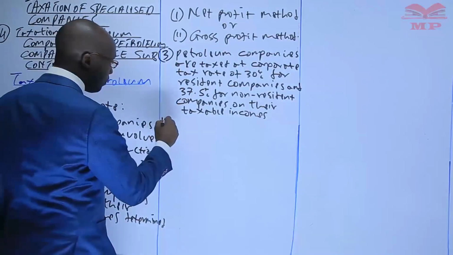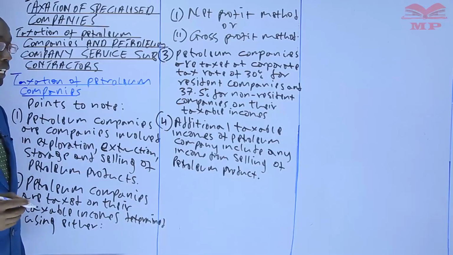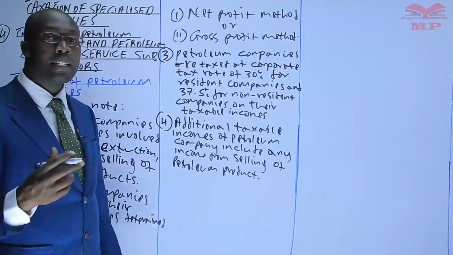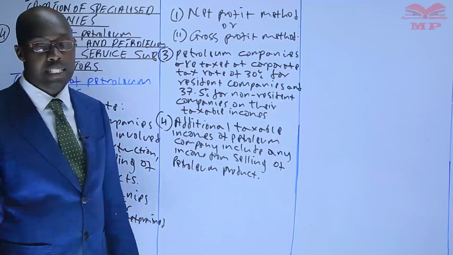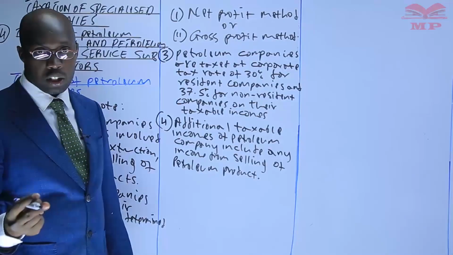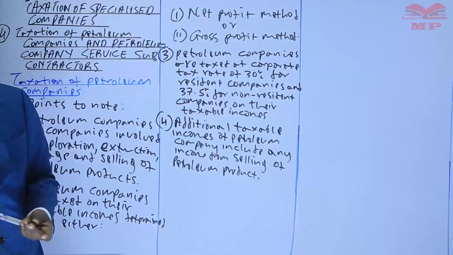Point number 4. We have an additional taxable income when it comes to the petroleum company. Since it is a specialized company, when you talk of additional, it means that other than the income that we said are taxable for a normal business, like realized foreign exchange gain, discount received, this is also a taxable income when it comes to the petroleum company.